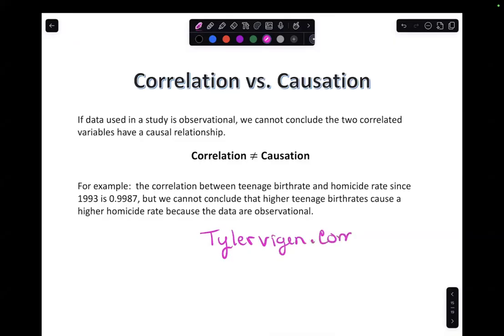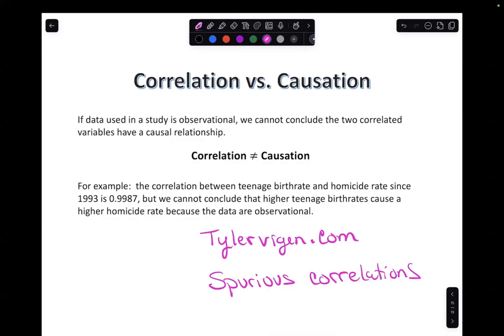It's tylervigan.com. Or you can just Google spurious correlations. I actually have a whole book of these. He wrote a book, and I have the whole book of them. It's just a fun place to play.